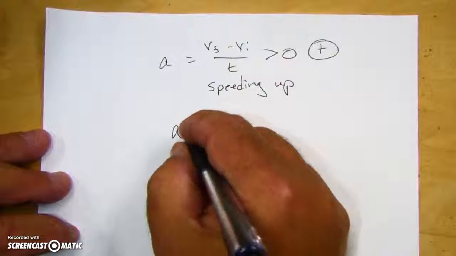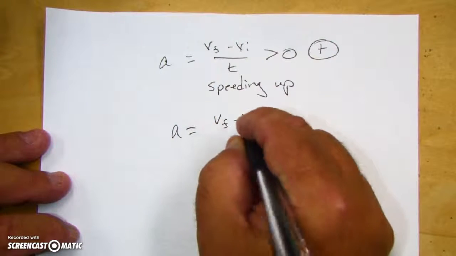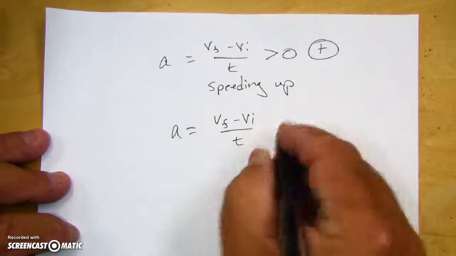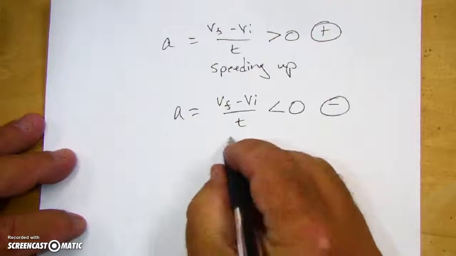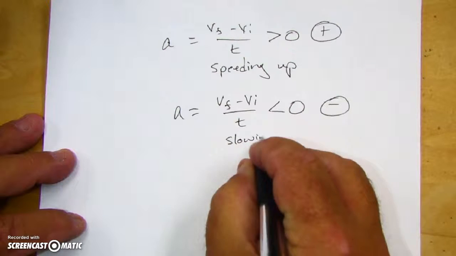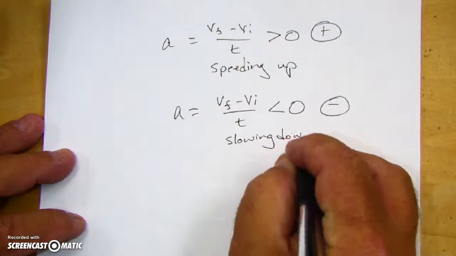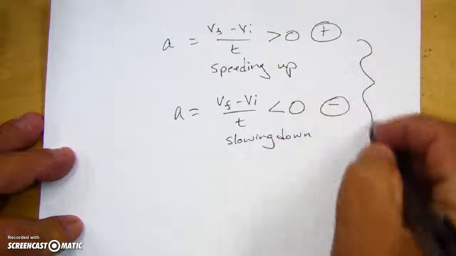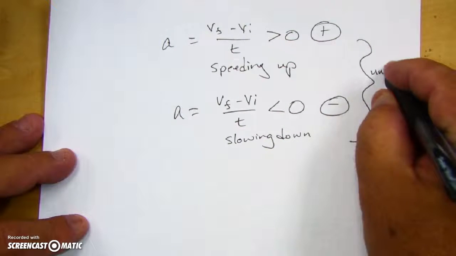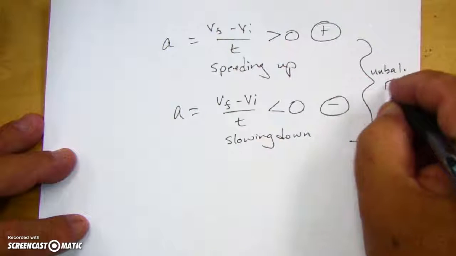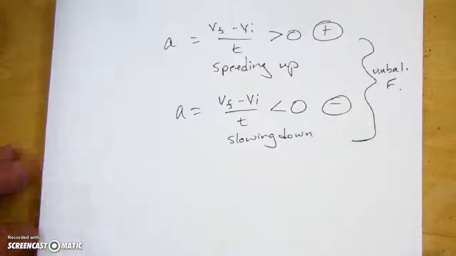If I get A equal to VF minus VI divided by T, and it's less than 0, that's a negative acceleration. That means you're slowing down. To tie this back to what we've already talked about, this only happens if I have an unbalanced force. In other words, I have to have a net force in order for this to happen.